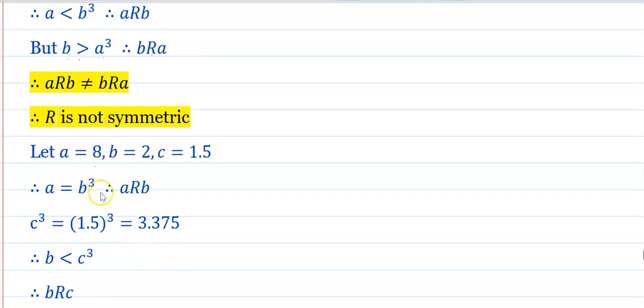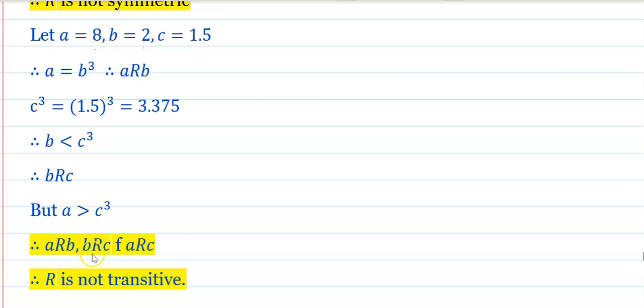If I take A equals 8, B equals 2, C equals 1.5, then what about A being related to B cube? A R B holds. C equals 1.5, that is 1.5 cube means what? 3.375. It implies that B is less than C cube, so B R C is also there.